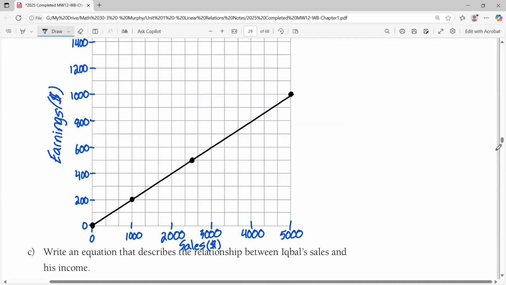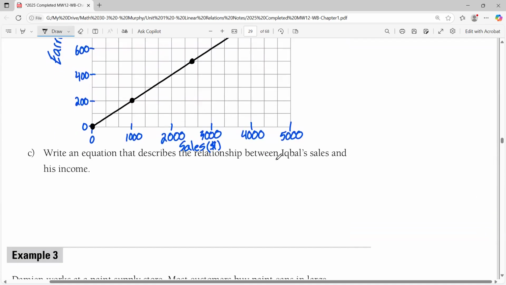So C, write an equation that describes the relationship between Iqbal's sales and his income. So the slope is what we need to find first. Because it's direct, we can use this, y equals mx.